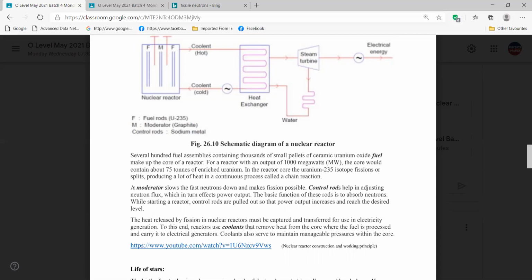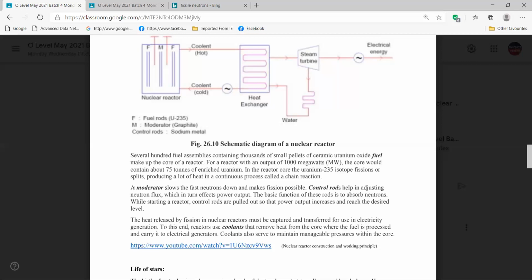So we input that much fuel rod inside the nuclear reactor according to how much energy we need, and the control rod is doing that. The moderator is to slow the fast neutrons. If the neutrons have very high speed, they will not take part in absorption; uranium cannot absorb those.